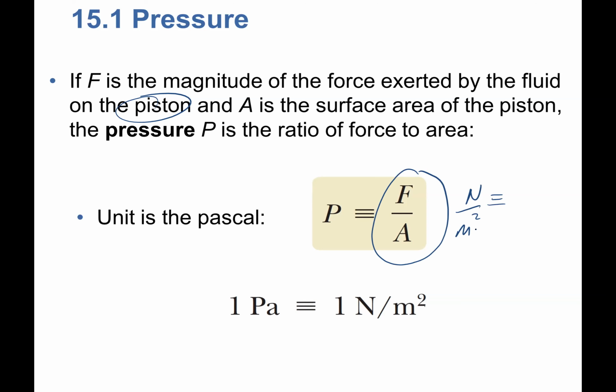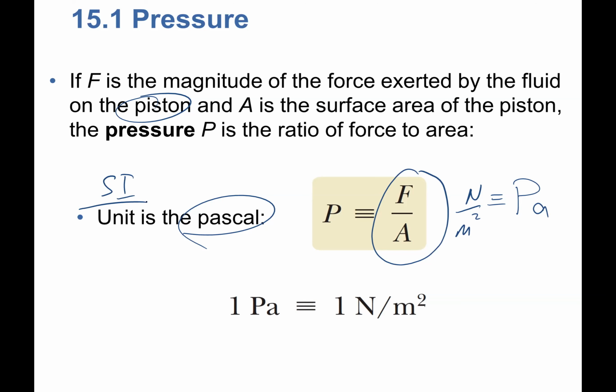We define this ratio of newton per meter squared to be the pascal. So the pascal is the SI unit for pressure, which means every time we're calculating a value for pressure in any of the equations, we should be using pascal as the unit, not even newtons per meter squared, even though that is also in terms of SI units.